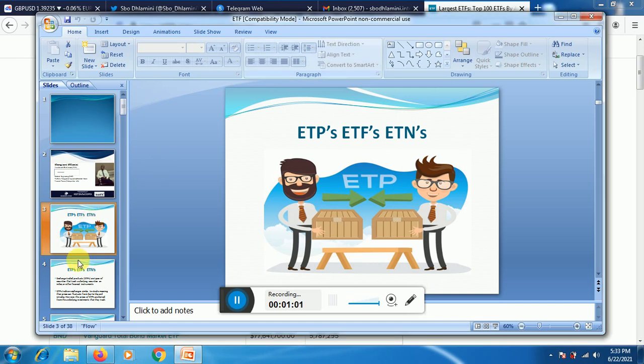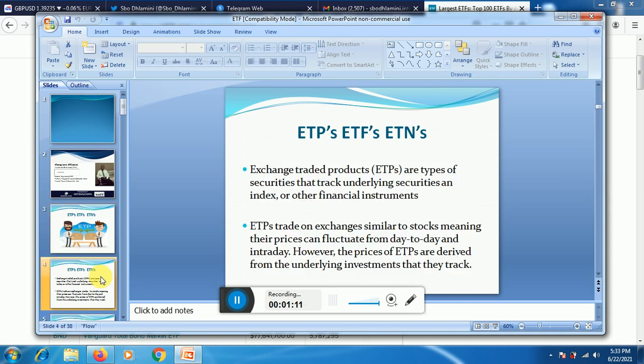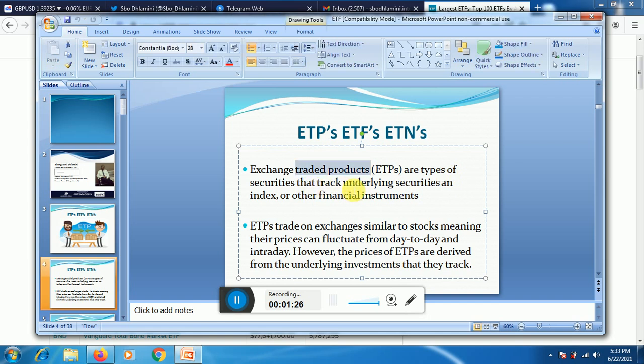So guys, what is an ETP? An ETP is an exchange traded product. These are types of securities that track an underlying security such as an index or any other financial instrument.